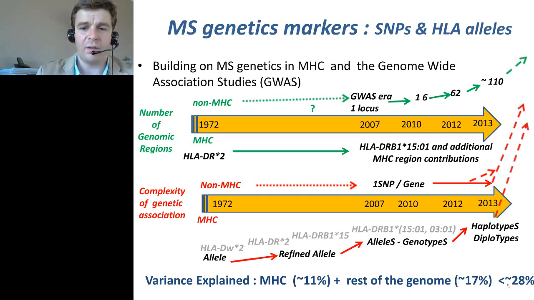So that looks extremely successful, because we went from 2 regions in 2007 to 110 in 2014.